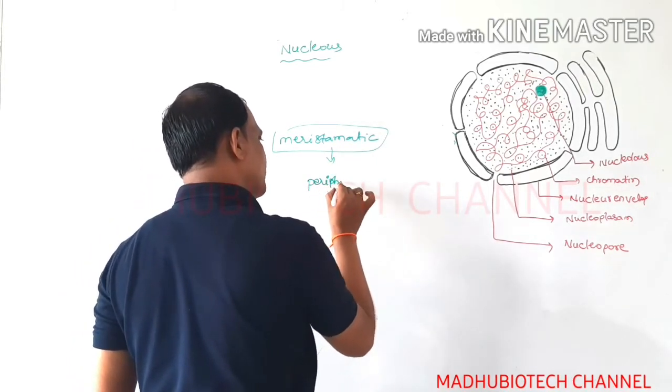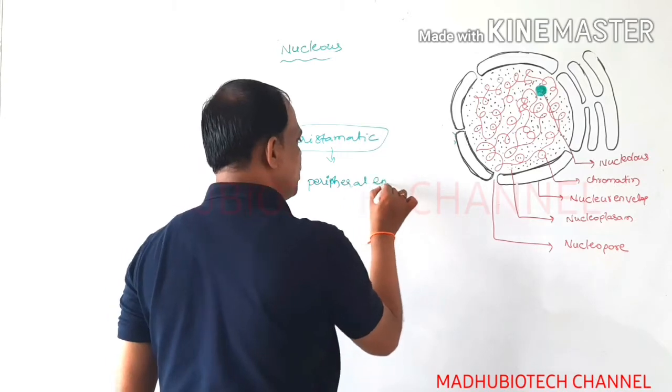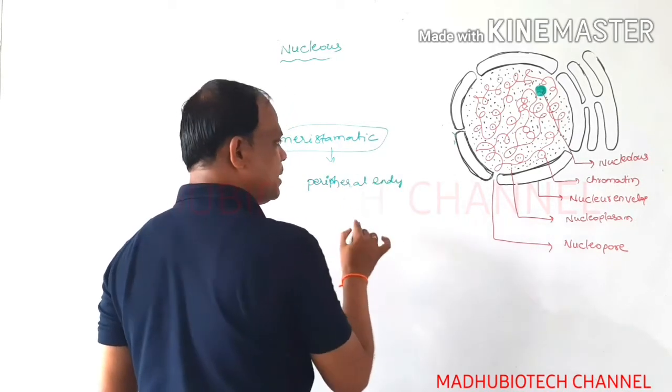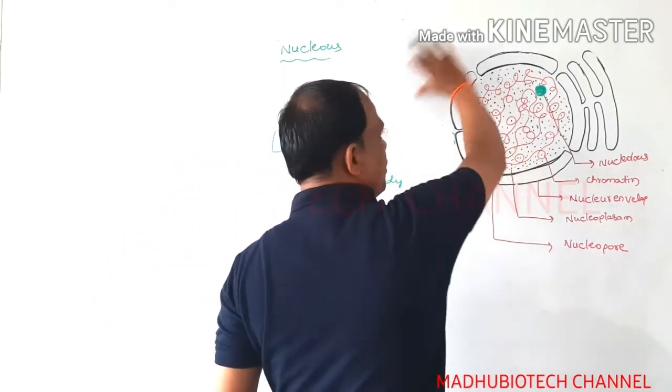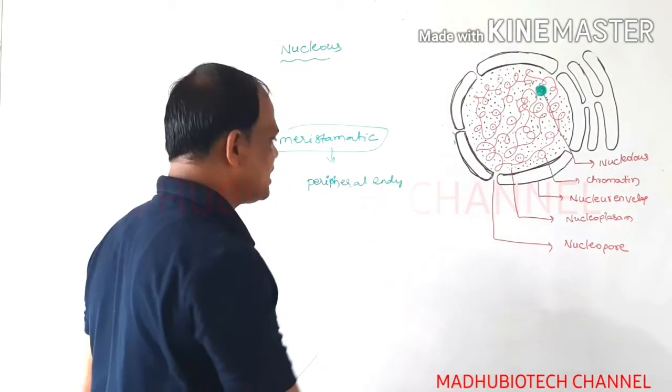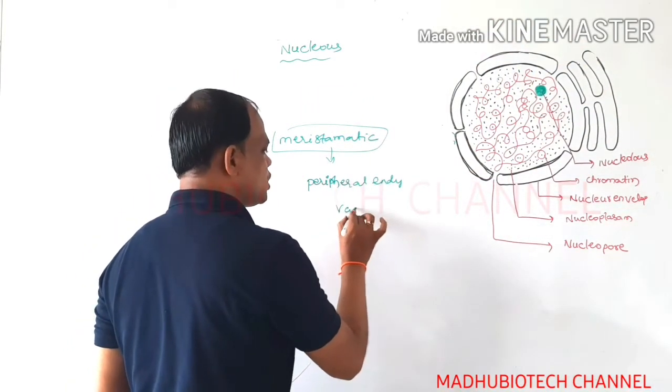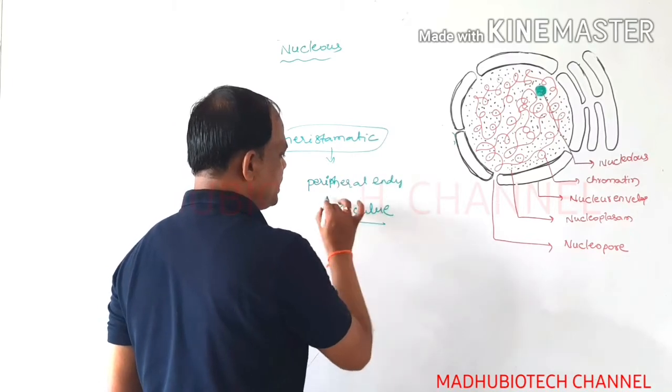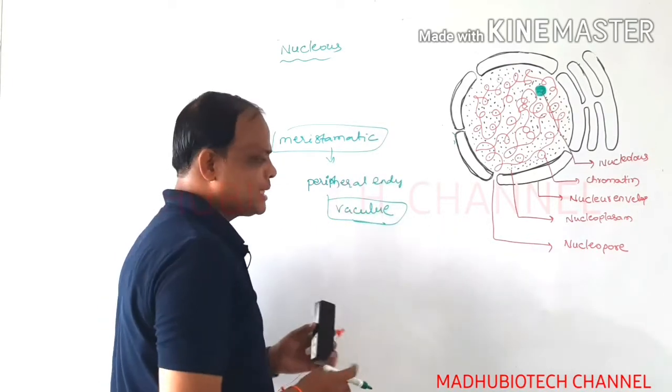Why is this so? Because the plant cell contains a large vacuole.